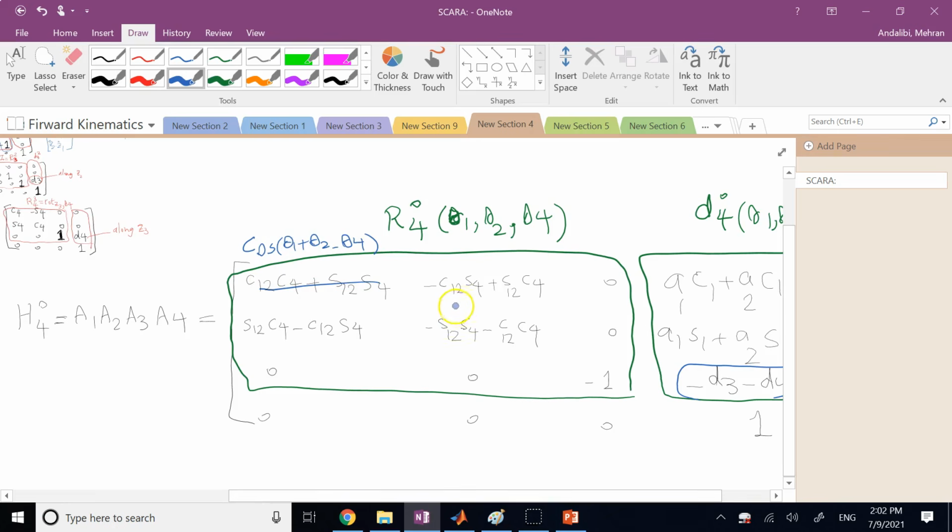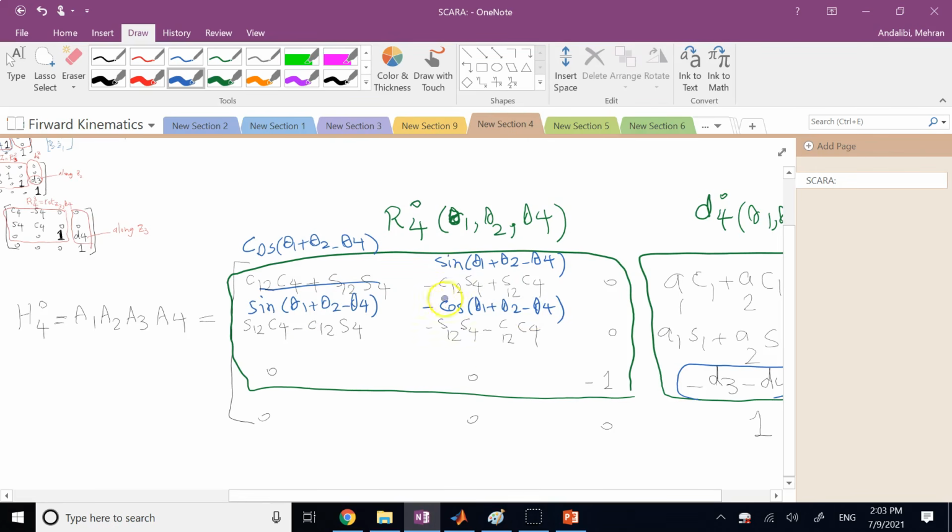This is the sine of theta 1 plus 2 minus 4. This is also the sine of theta 1 plus theta 2 minus theta 4. And this is negative of cosine of theta 1 plus 2 minus 4.